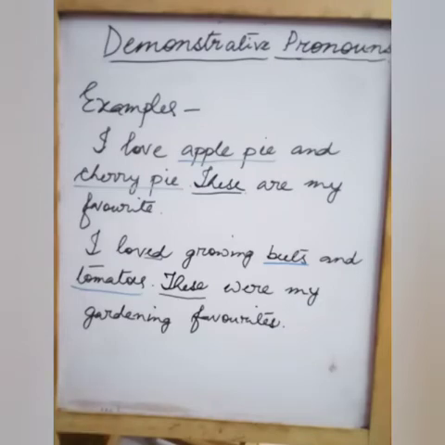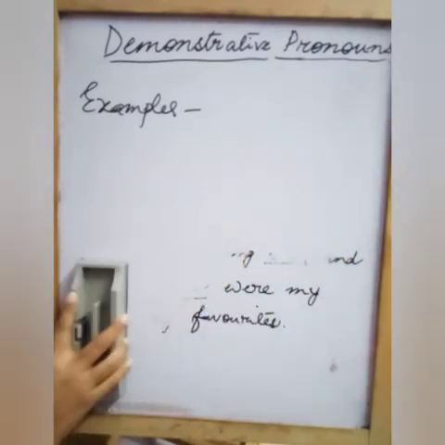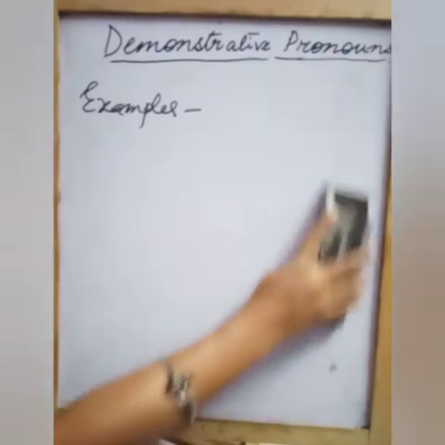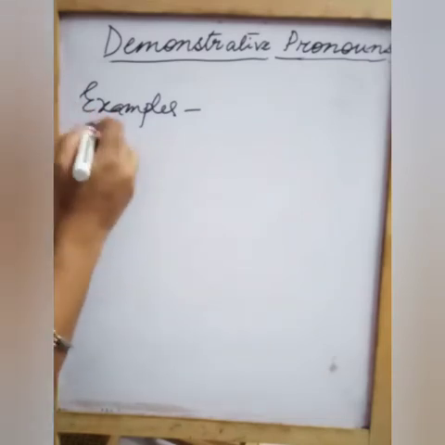Alright, so let's see some more examples of how we use the demonstrative pronoun. Say none. Do you know what none is used for? None is the pronoun form of no. Many people might not know.